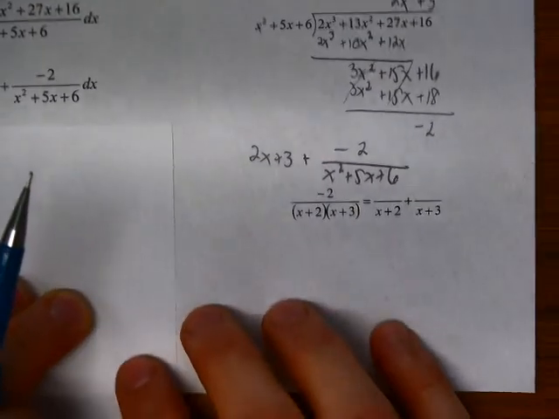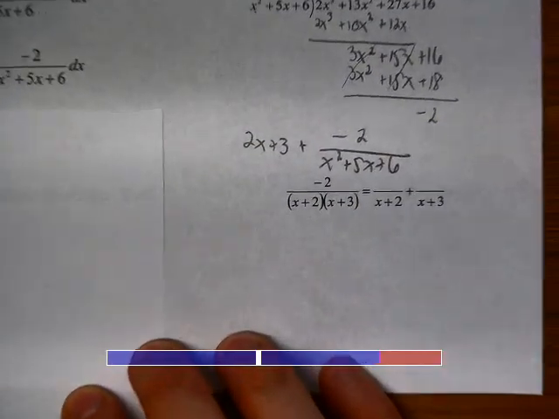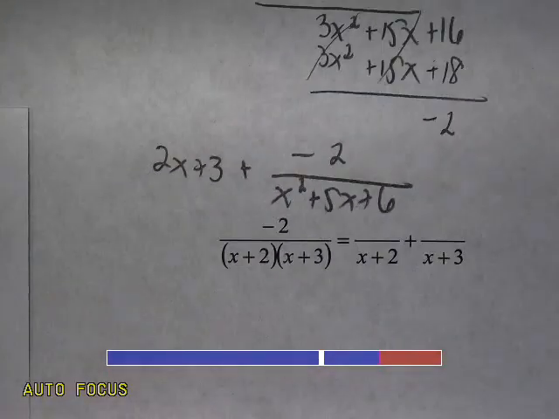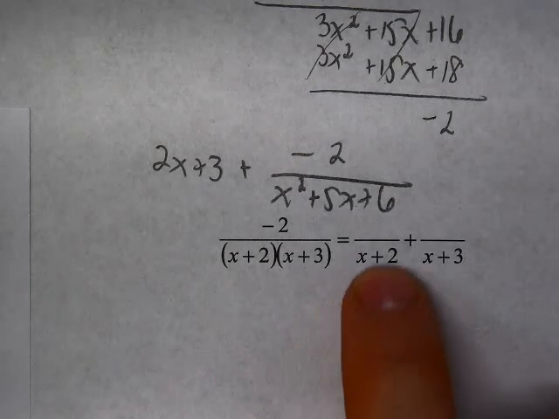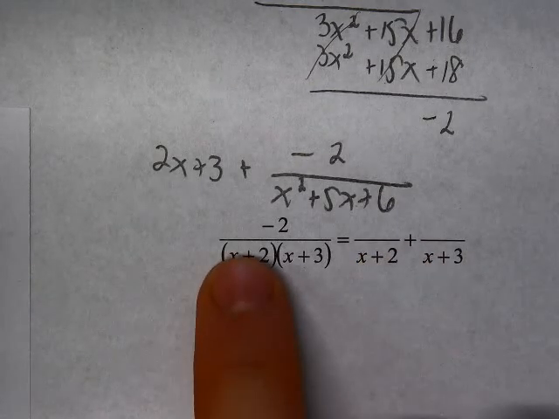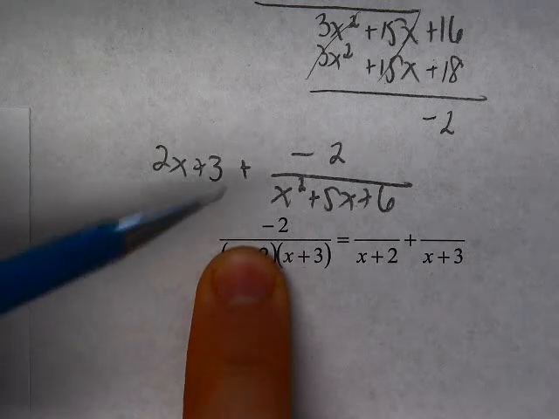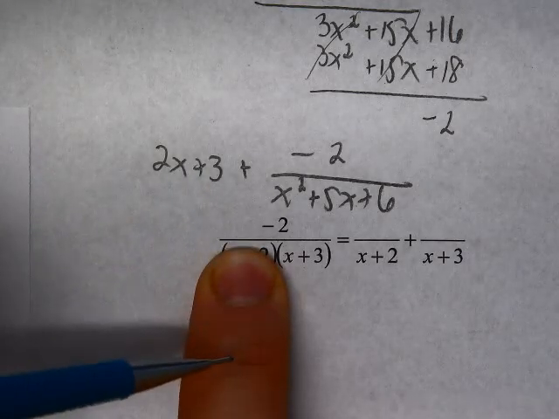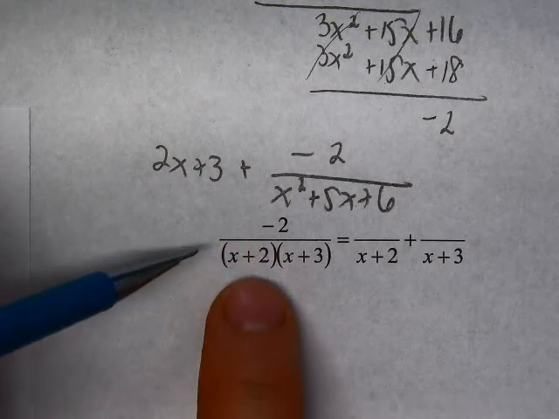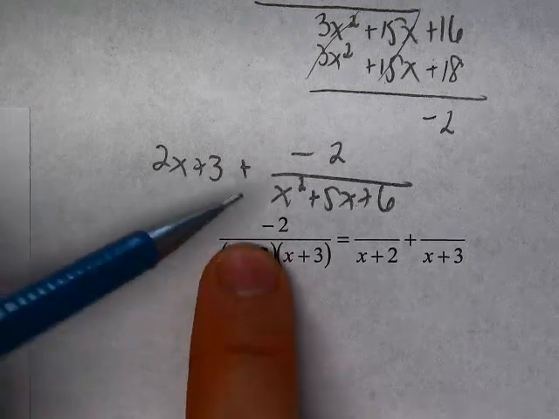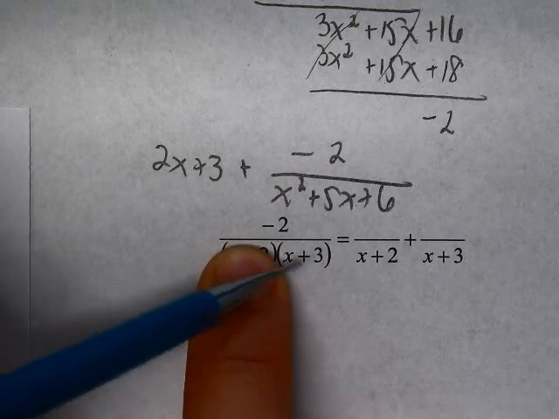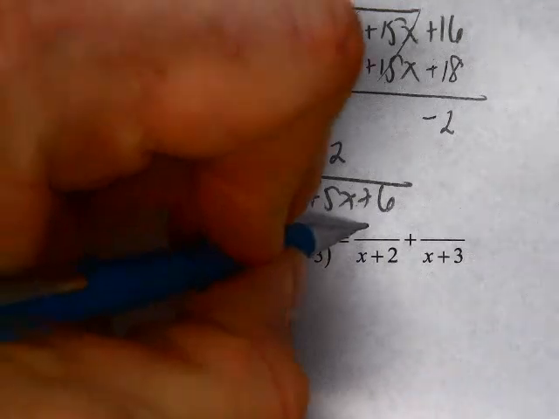Again, I'm going to use a cover-up method here. So I want the numerator that goes with the x plus 2. I'm going to cover up the x plus 2 and let x equal negative 2. So when I do that, I have negative 2 over negative 2 plus 3, which is 1.